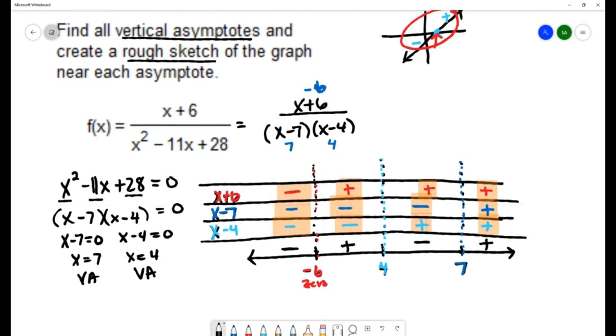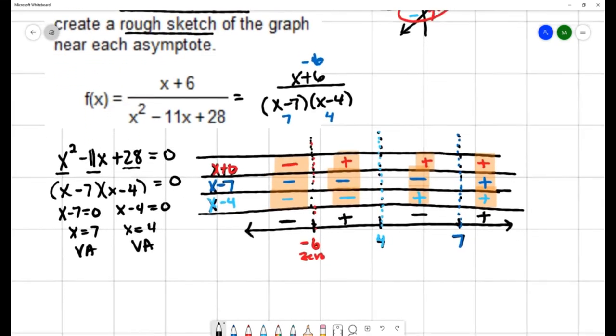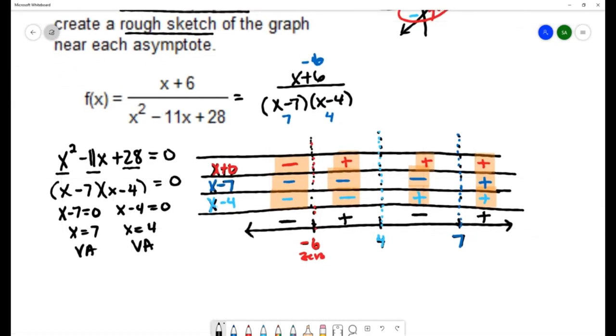Okay, so let me explain why we did all that work. We have our asymptotes at 4 and 7. And now I know that to the left of 4 we have a positive, and to the right of 4 we have a negative.